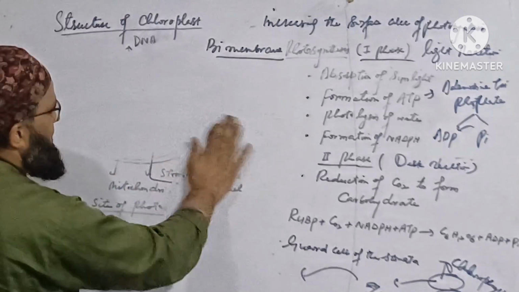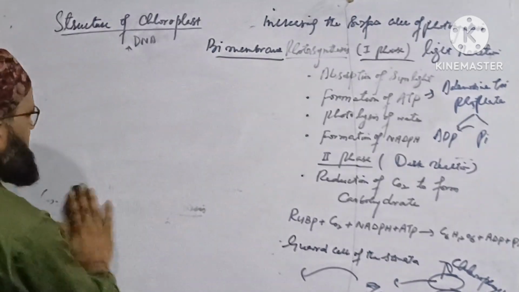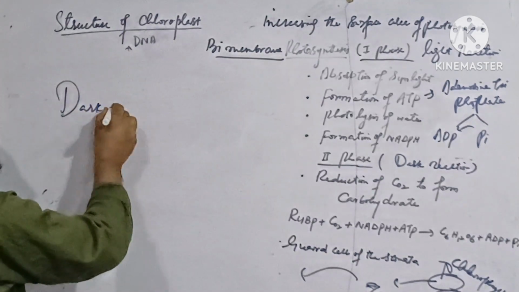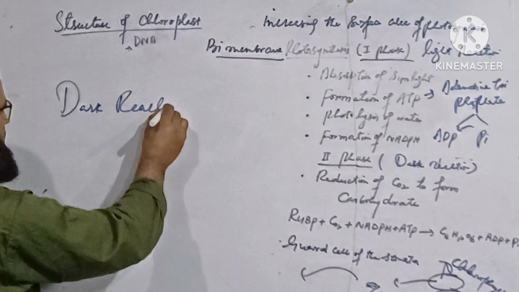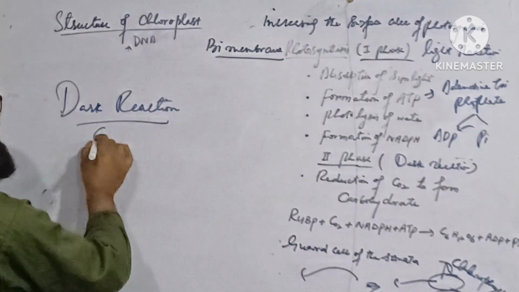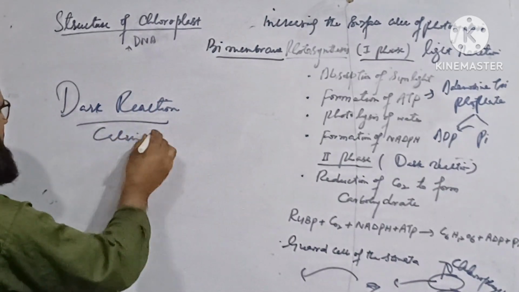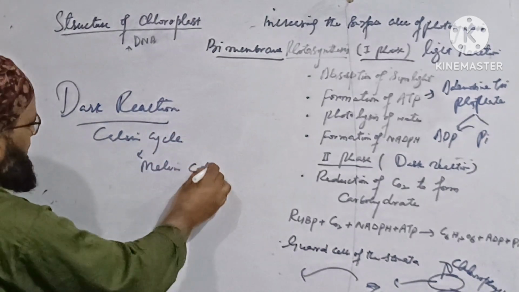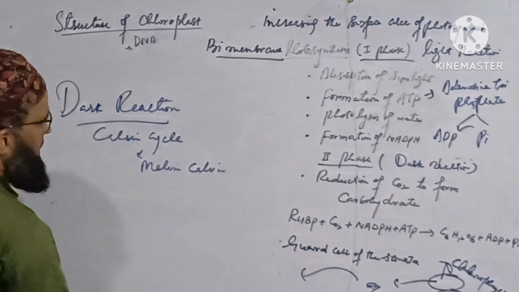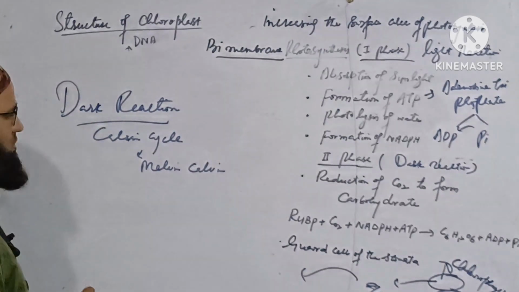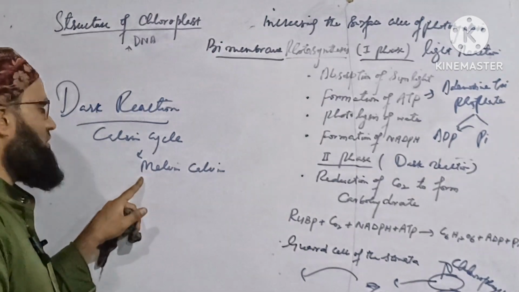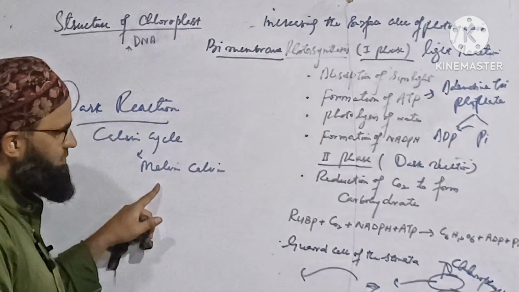The second phase of the photosynthesis process is called the dark reaction. The dark reaction is also called the Calvin cycle. It is given by Melvin Calvin, and he received the Nobel award for this cycle, which earned its name from him.